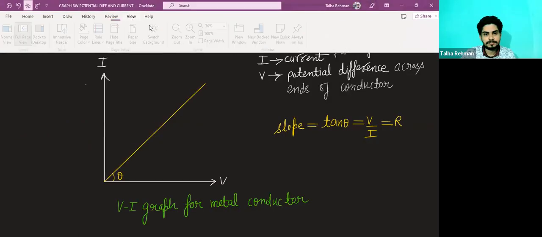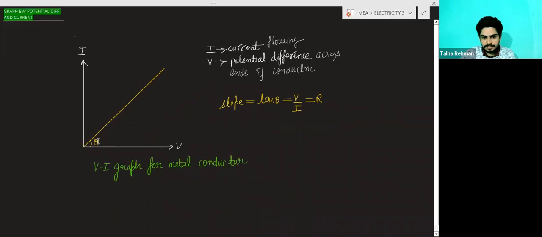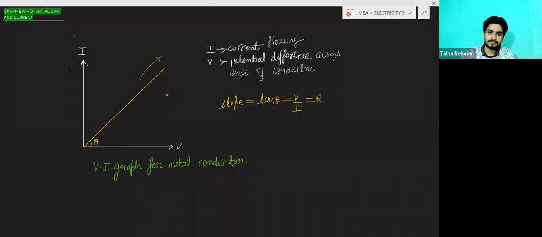Okay. Now write down fast this. Write down this graph. This is a straight line graph. Straight line. Write down fast.